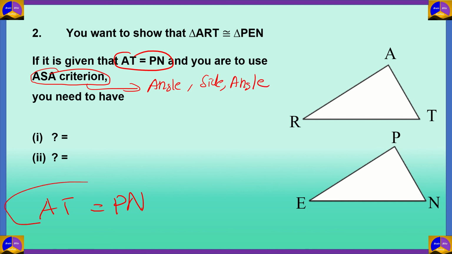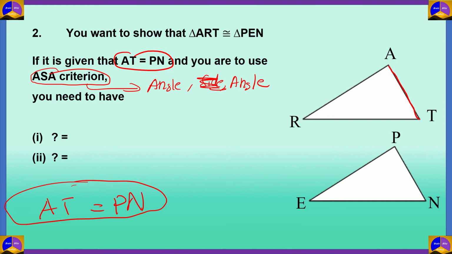Now the statement given is AT is equal to PN, and since they are sides, we can cut sides from ASA. So we have to find two angles. Which two angles, you may ask? Now let's mark AT and PN on the figures.